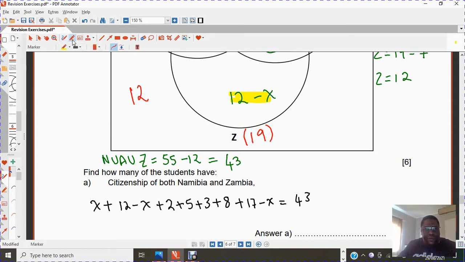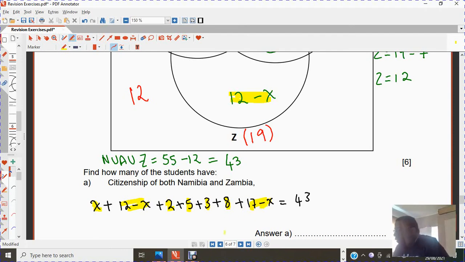Remember, it's x plus 12 minus x plus the 2 plus the 5 plus the 3 plus the 8 plus 17 minus x should give you 43.